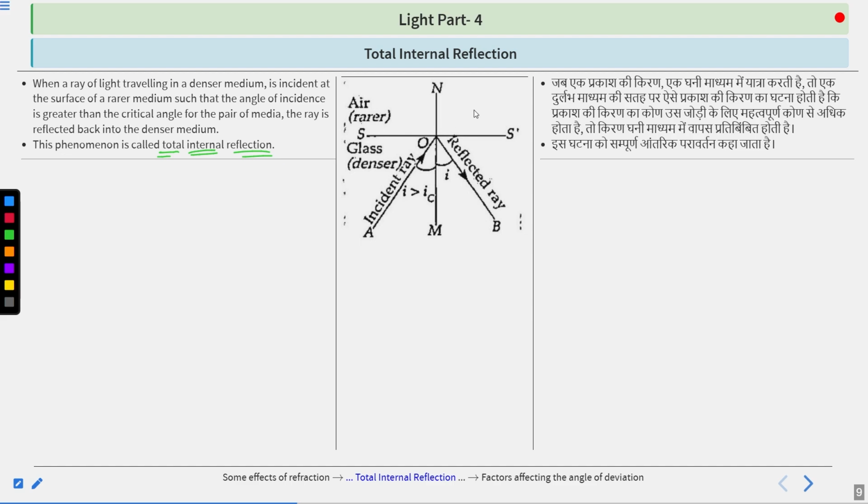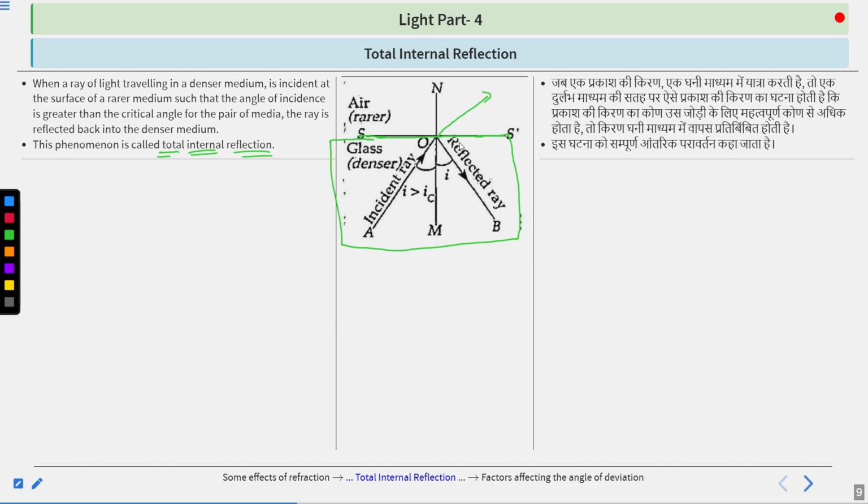Because it is the reflection of a light ray within the same medium. If the light ray is going like this, then it will not be a case of total internal reflection, because the incident ray is penetrating through.